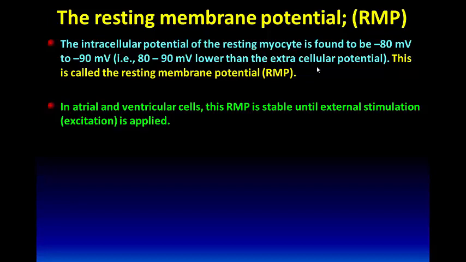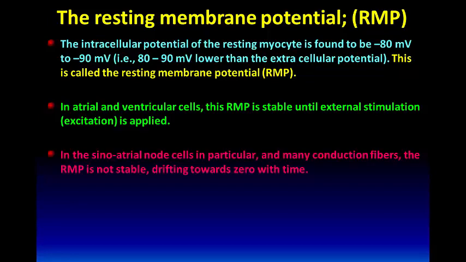The stimulation arrives from the sinoatrial node through the specialized conduction system, and also from myocyte to myocyte, because we have intercalated discs between the myocytes. And when the cells are excited, the voltage across the membrane changes. So in the atrial and ventricular cells, the resting membrane potential remains stable until they get stimulated by a cardiac impulse from the sinoatrial node.